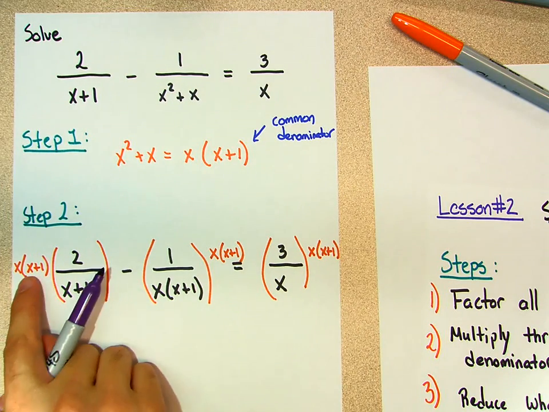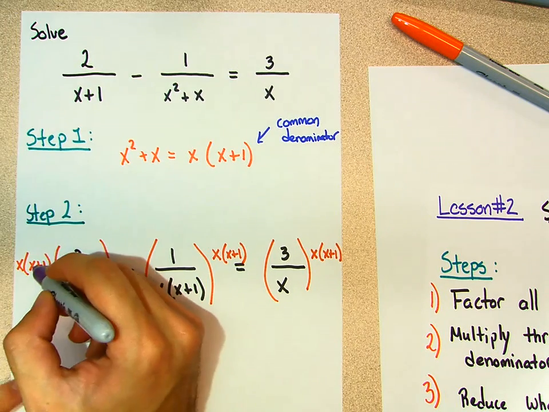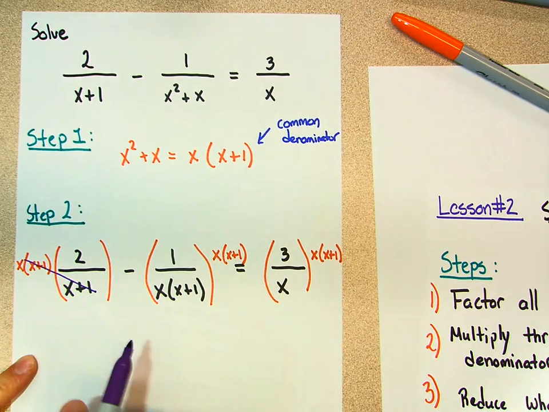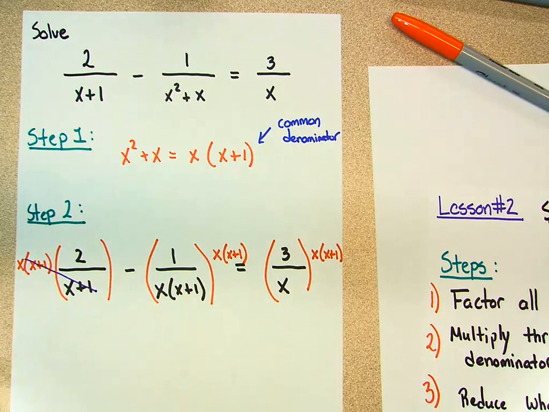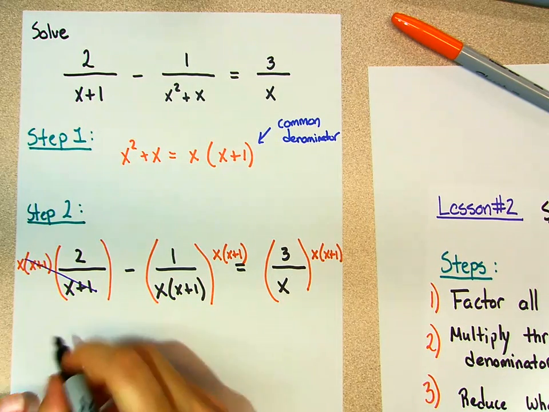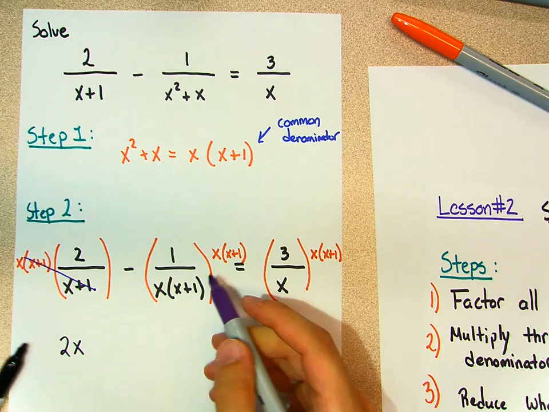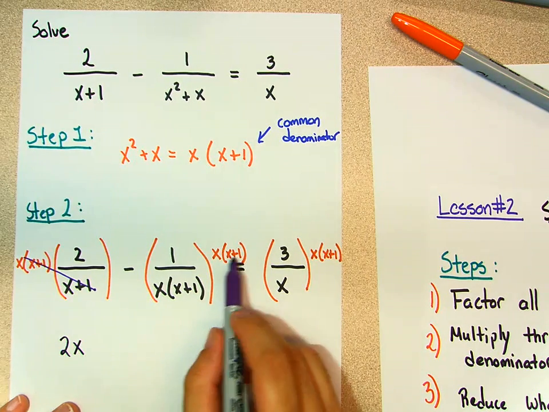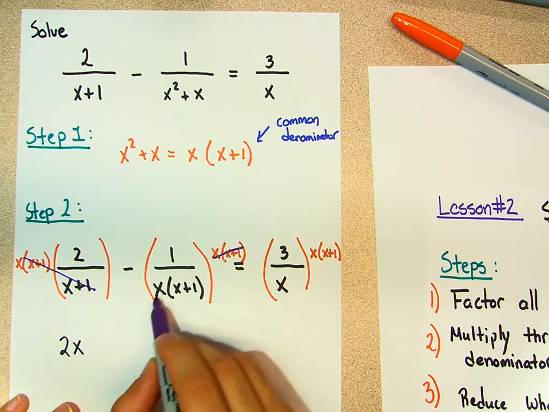Now what happens? Here, let's use this color purple. Notice when you multiply this to this, it cancels. So what are you left with? You're left with x times 2, so this becomes 2x. What about here? When you multiply this to this, it cancels.